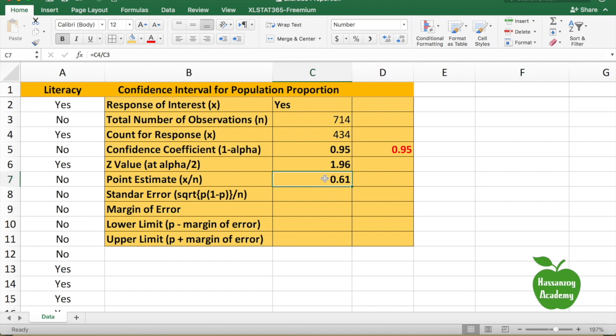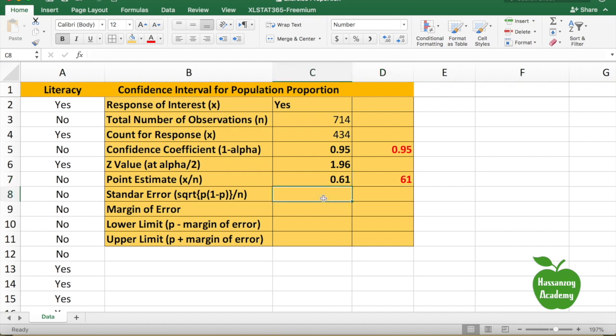So 0.61 is the proportion of rice farmers who are literate. If we multiply this proportion by 100, we will convert it to percentage, which is easy to explain. So this shows that 61% of all rice farmers are literate in this given area.